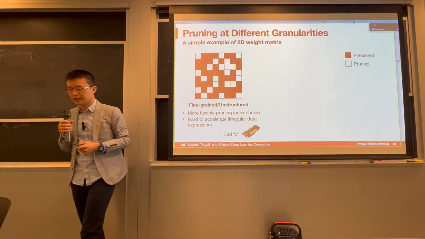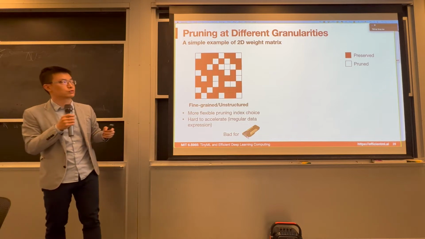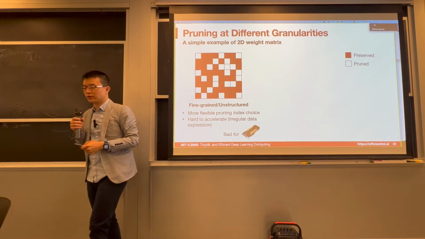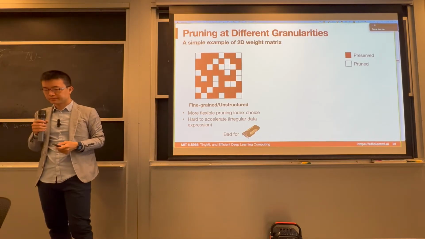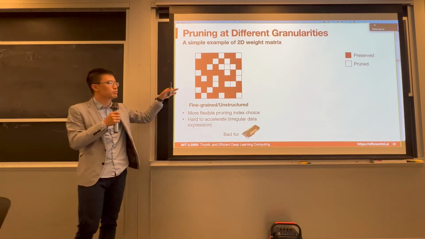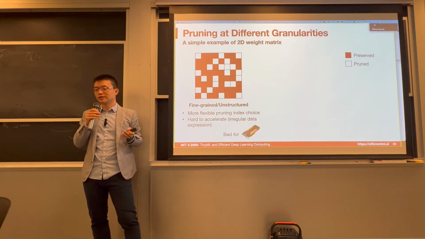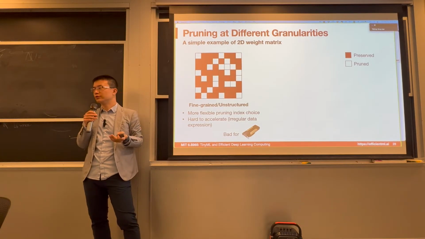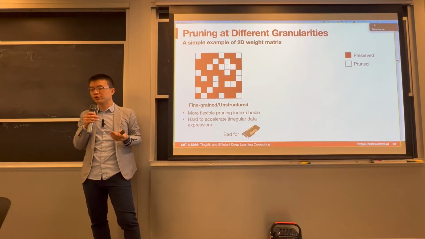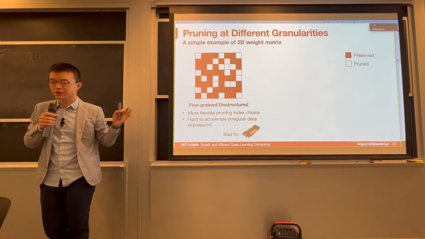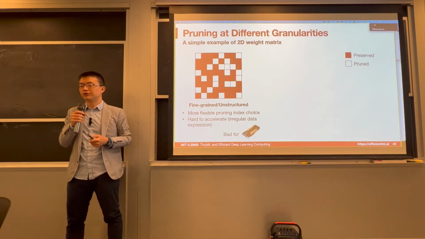For example, the Efficient Inference Engine is the first work that can accelerate such a sparse neural network after pruning. The advantage of this method is that you have full flexibility to decide which weight to prune. Therefore, the pruning ratio is pretty high. And if you target just reducing the model size, this is probably a very attractive approach.